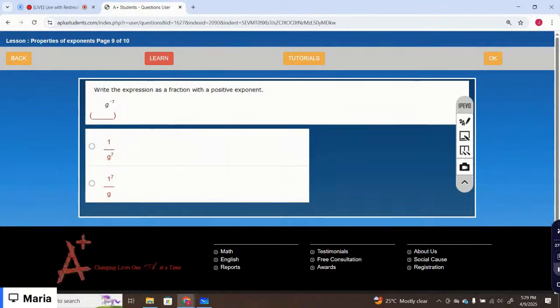Write the expression as a fraction with a positive exponent. G exponent negative 7.